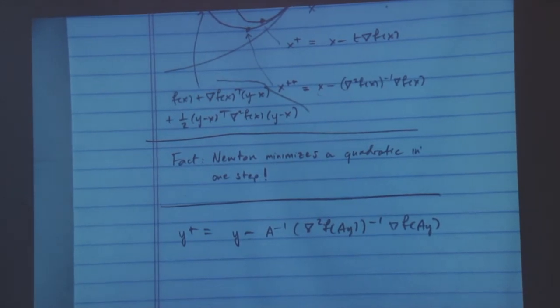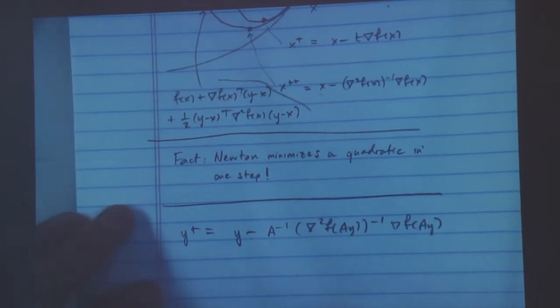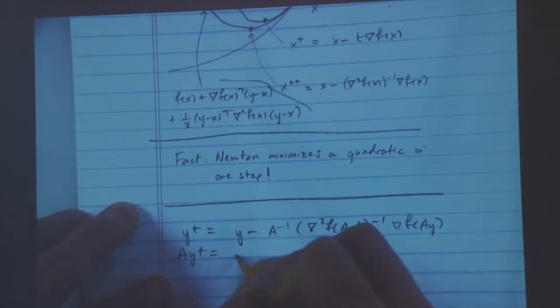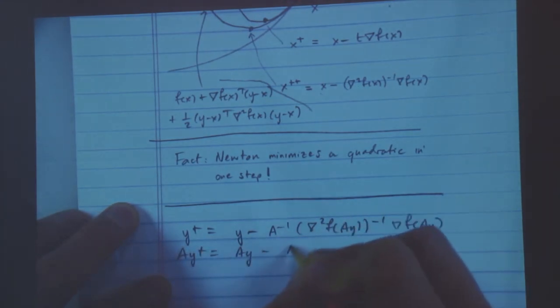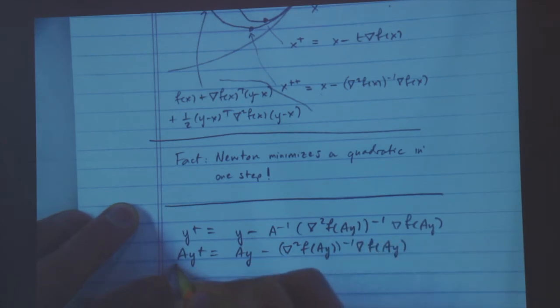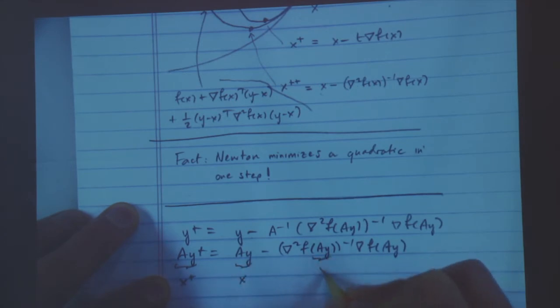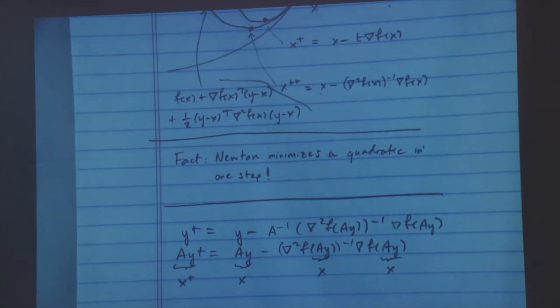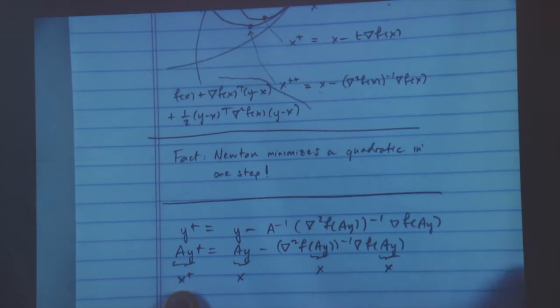And in terms of x, if we were to multiply through by A, we'll see that our update on Ay looks like this. And if we recall the relationship between y and x, then we can see that this is just the step that we would have taken with respect to x.